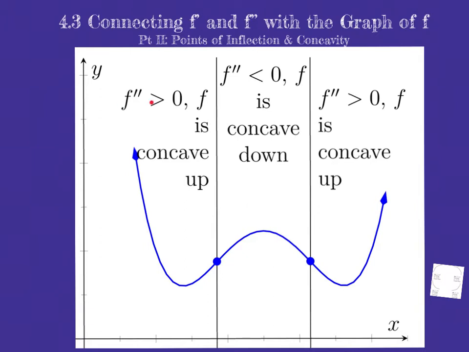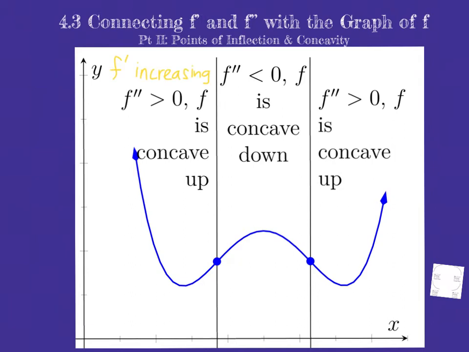A positive second derivative is concave up, a negative second derivative is concave down. We saw previously that the second derivative shows how the first derivative is changing. And so if our second derivative is positive, like here and here, then that means that our first derivative is increasing. Let's explore what that means by using the tangent lines, which are our first derivative.